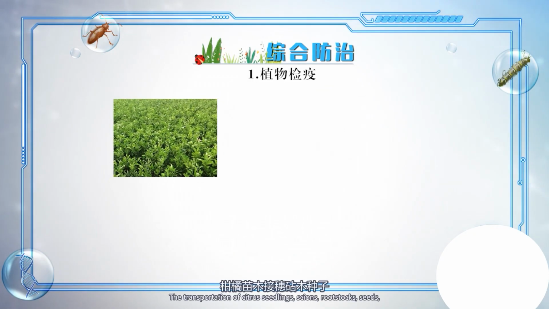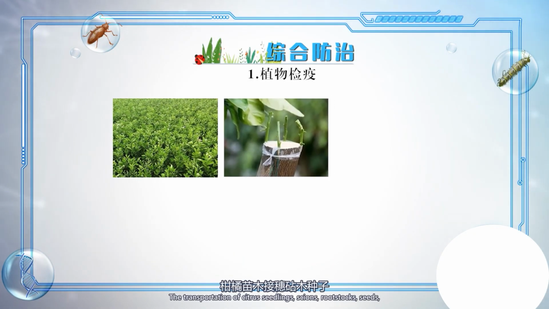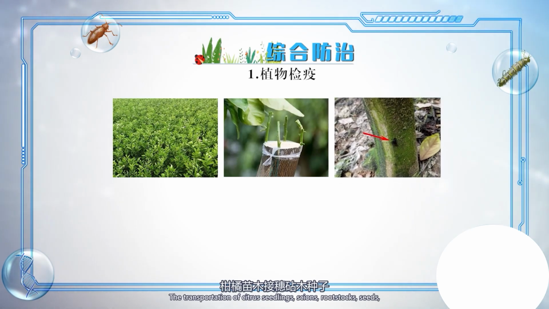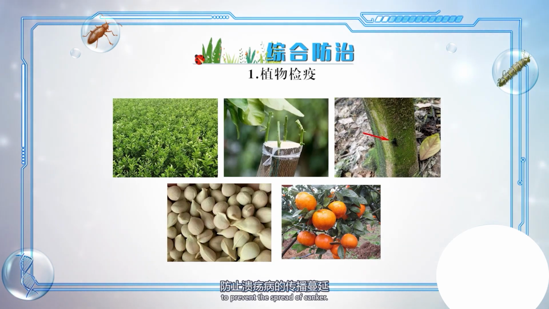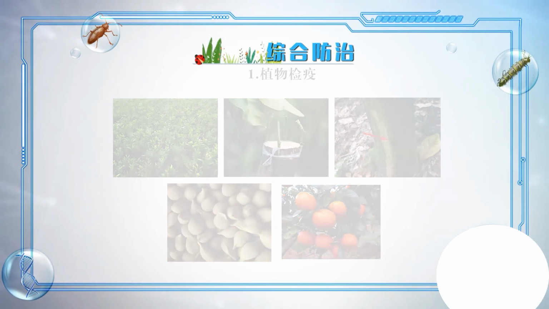The transportation of citrus seedlings, scions, rootstocks, seeds, and fruits must be strictly quarantined in accordance with regulations to prevent the spread of canker. The affected trees and seedlings found in the protected areas should be burned immediately.